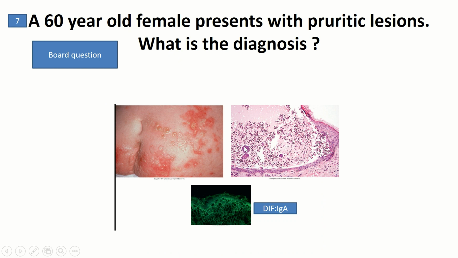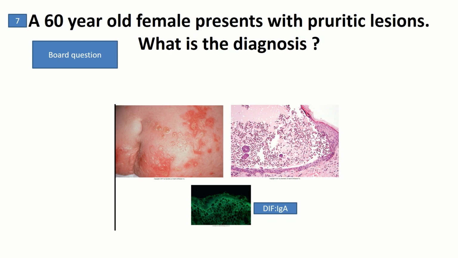And here also you see another case of vesicle and bulla formation as intraepidermal bulla formation. Here the DIF is positive for IgA. You see here intercellular configuration. All forms of the pemphigus group on fluorescent study show intercellular configuration.